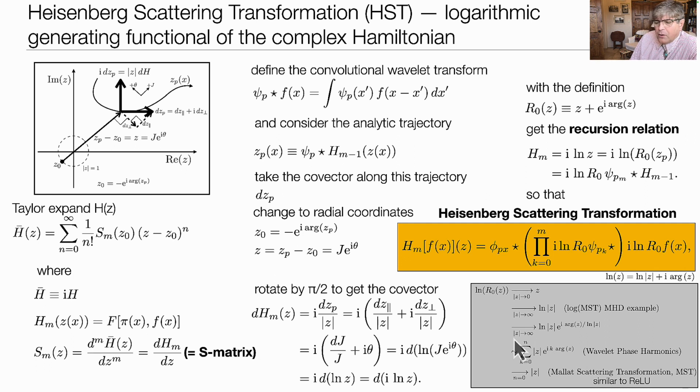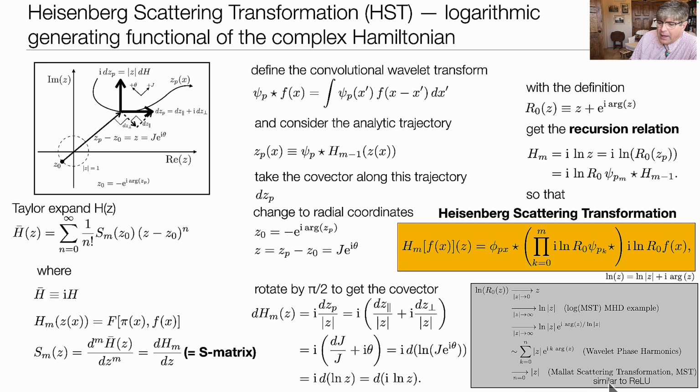But you can also, in the limit of the modulus going to infinity, keep this phase factor on it, which if you look at it carefully is that of a chirp pulse. This chirp pulse can be expanded as a series of harmonics, which is what Stephane Mallat and his collaborators ended up doing in their inclusion of phase into the transformation, called the wavelet phase harmonics. Finally, if you keep only the leading order term, you come up with Stephane's original scattering transformation.